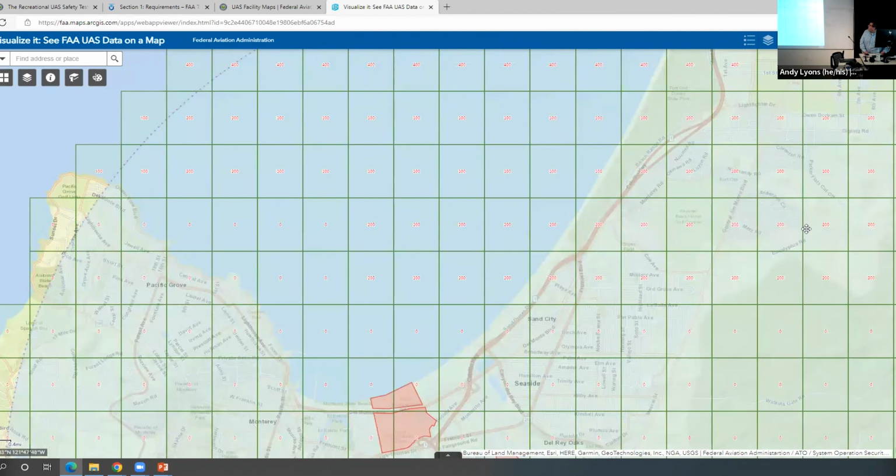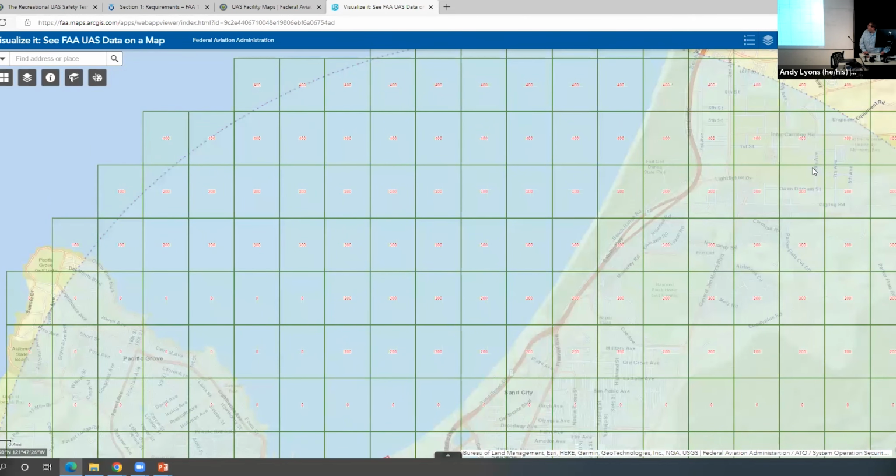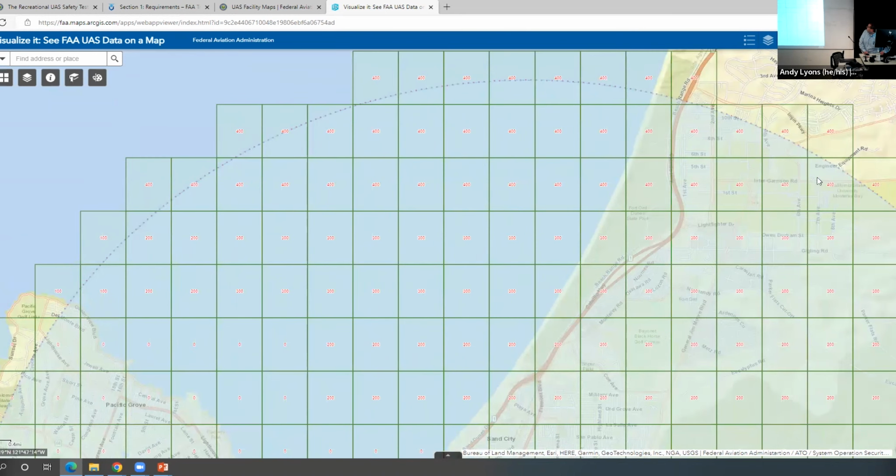So where are we? There we go, CSU Monterey Bay, Garrison Road. So we're about right here. The acceptable allowable limit within our area right here is 400 feet.